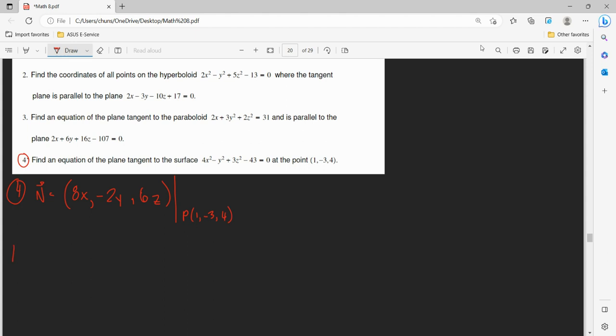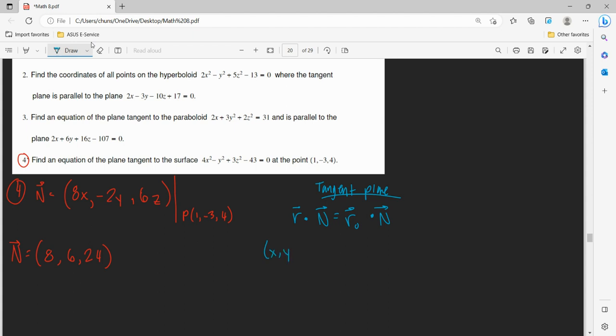So let's find our normal first. So this is equal to, so we plug in for x, this is 8. Plug in for y, this is 6. And plug in for z, this is 24. Okay, and now when we use our tangent plane, our equation is r dotted with the n that we found, equal to our point dotted with the n that we found.